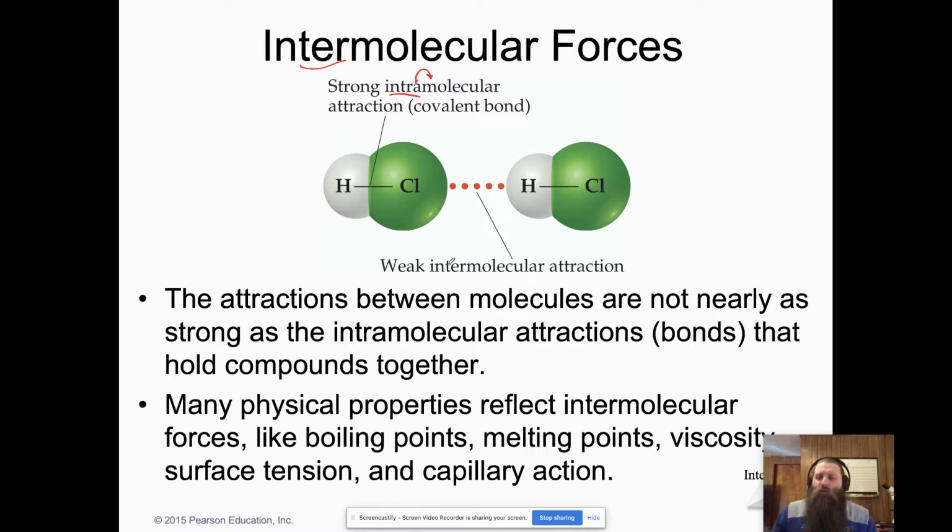Now, these intermolecular forces, we talked about them in year one chemistry. They are not as strong, okay, as our intramolecular bonds. But when you have millions and millions of molecules in a mole, and they have all of these teeny tiny forces at play, the sum of many small forces is a large force, right?